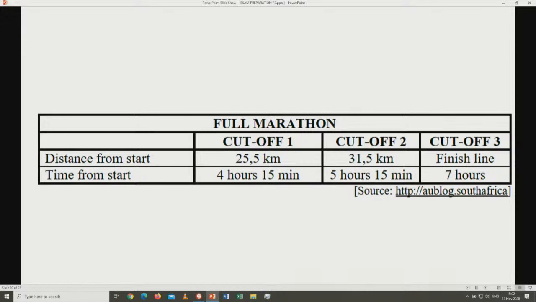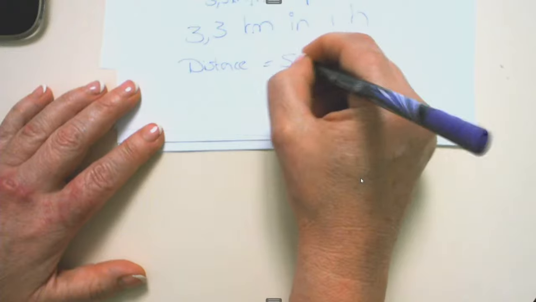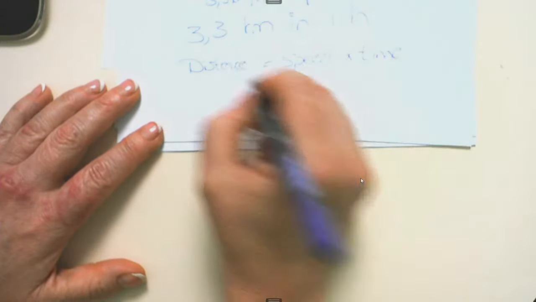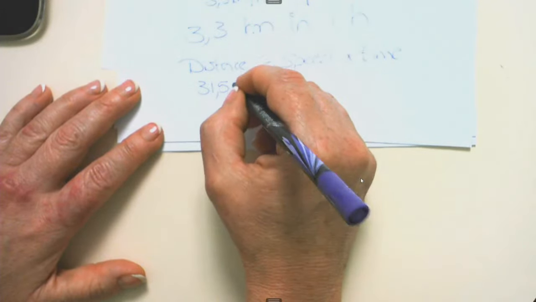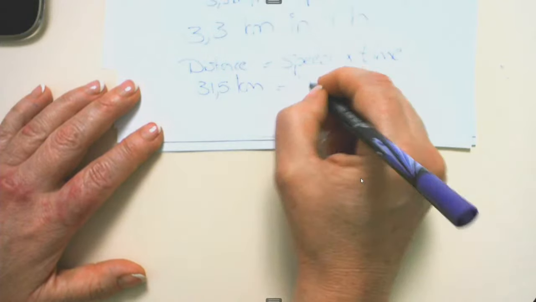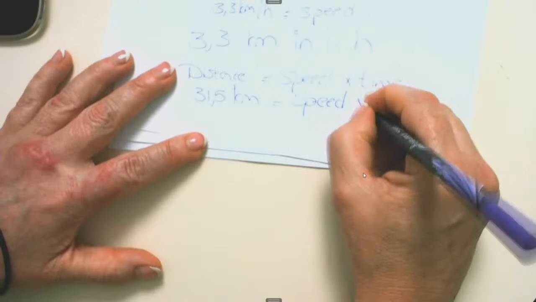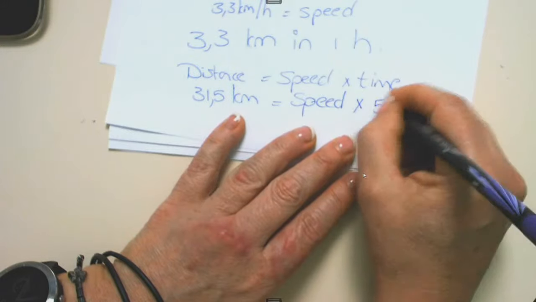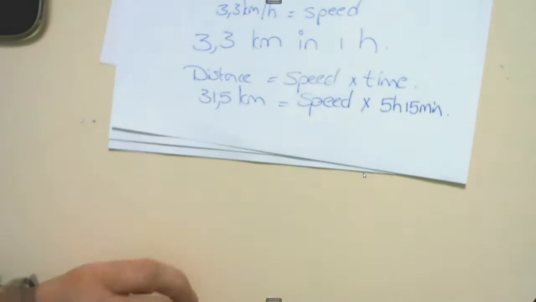So if I go over and say distance, the formula is speed multiplied by time. The distance that cutoff 2 has is 31.5 kilometers. The speed is the thing that I need to work out. And the time given there is 5 hours, 15 minutes. Here is now a little slack.